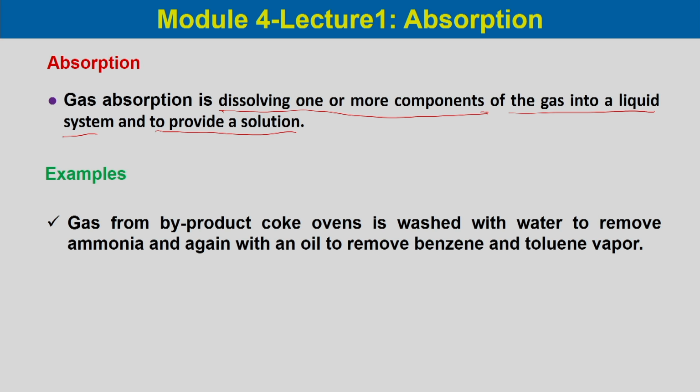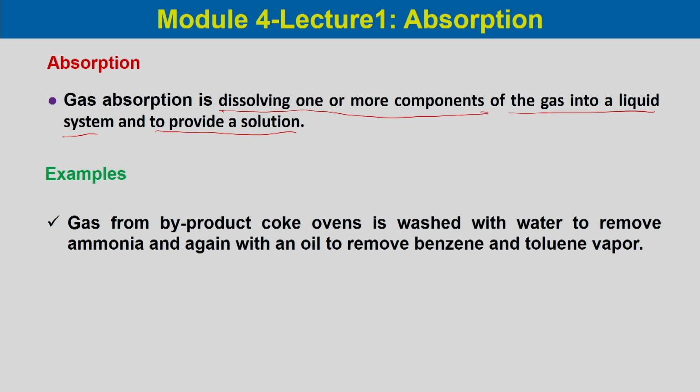You can see that the solvent is decided depending on its suitability to absorb a particular component. If we want to remove ammonia, which is highly preferential in water, water has higher affinity for ammonia compared to benzene and toluene vapor.